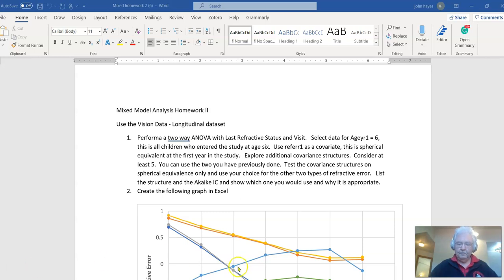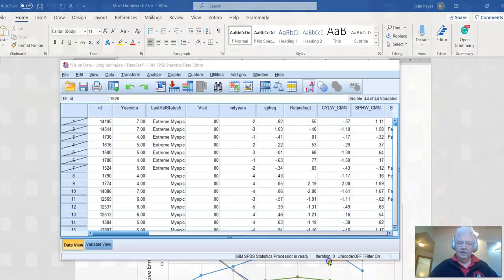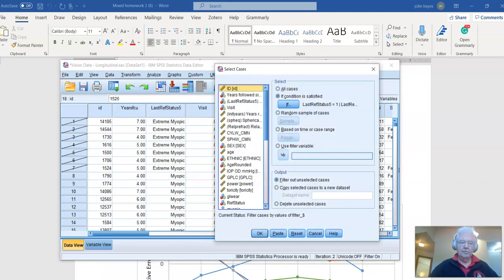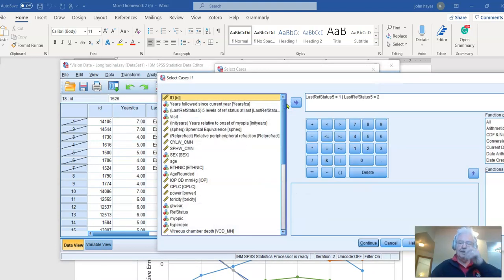Okay, so let's look at the vision data set. It says to select data based on age year 1. Now, in fact, we're going to focus on emmetropes and myopes, so I've gone ahead and selected those as well. So it's last refractive status is myope, which is 1, or emmetrope, which is number 2, and we have an and sign.